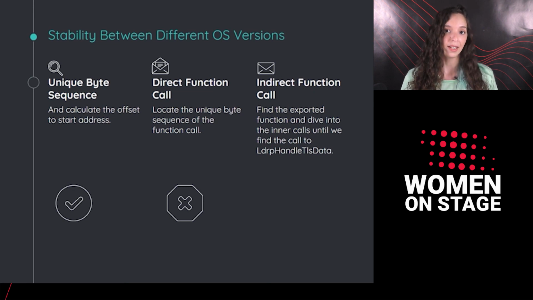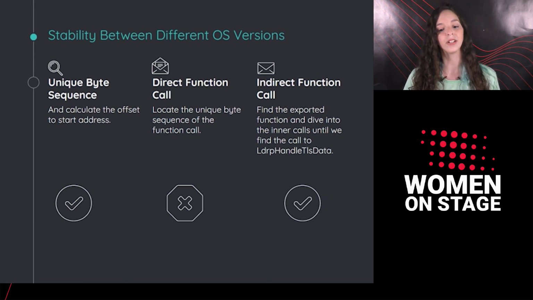And the last option was to find the exported function and then step into the inner calls until we get to our target function. And actually, in this case, we saw some functions that might be too complex in this particular flow.